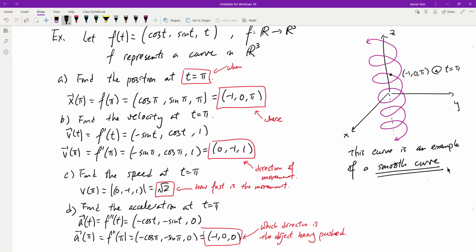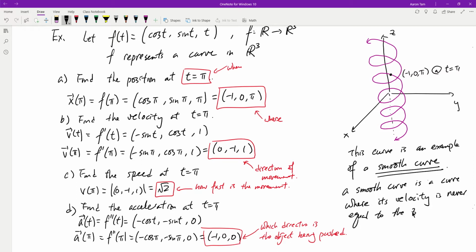What is a smooth curve? A smooth curve is a curve where its velocity vector is never equal to the zero vector.